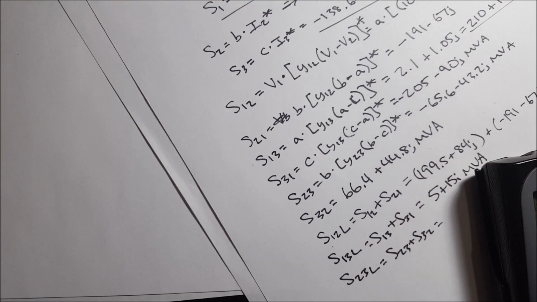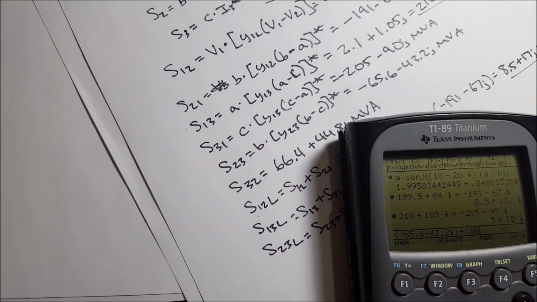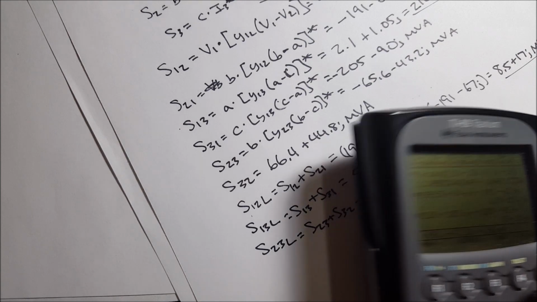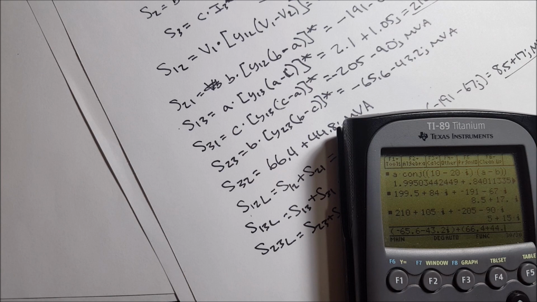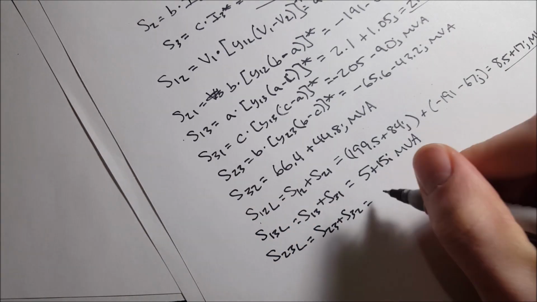And S23 is negative 65.6 minus 43.2J, plus S32, which is 66.4 plus 44.8J, which gives 0.8 and 1.6.